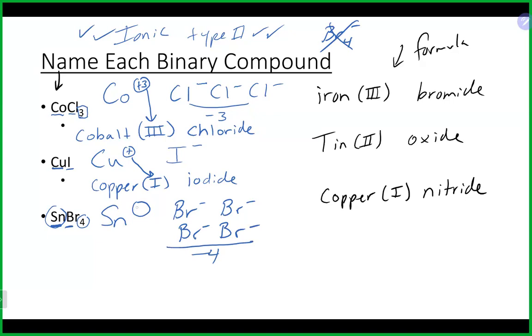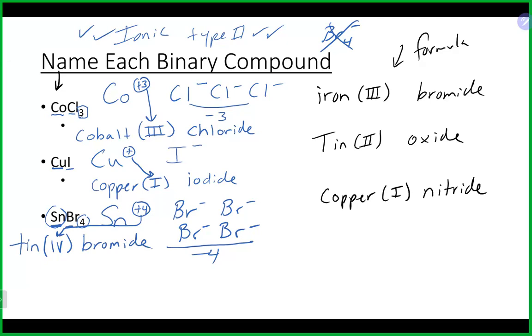That means the tin here to balance it out has to be +4 in this case. Now we're ready to name it. Whole name of the metal, which is tin. Roman numeral 4 because of the charge. And it doesn't matter how many of those bromines we have, it's going to be bromide in this case. Tin Roman numeral 4 bromide. Any questions on any of those names there?